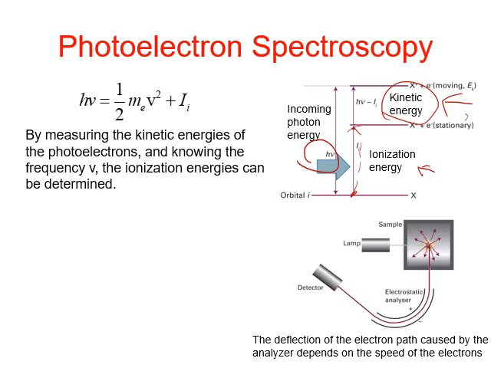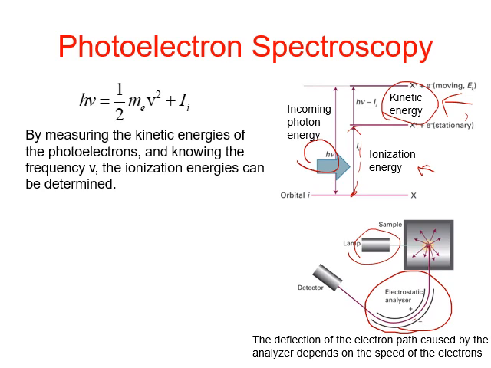Here is a diagram showing that a lamp provides the UV or even X-ray onto the sample, and the ionized electrons become kinetic and move out, and an electrostatic analyzer measures the kinetic energy of the electrons.